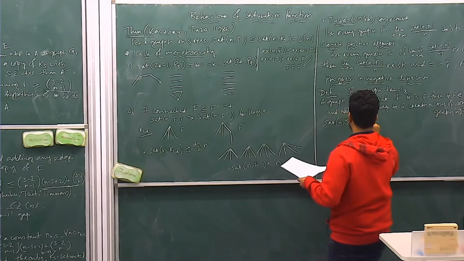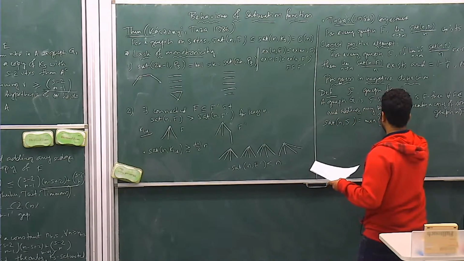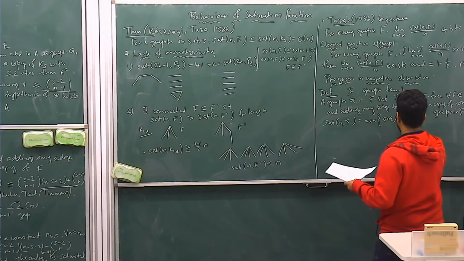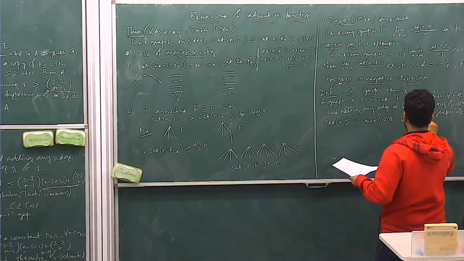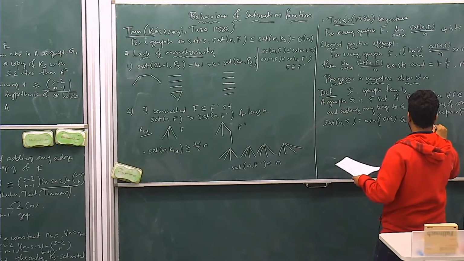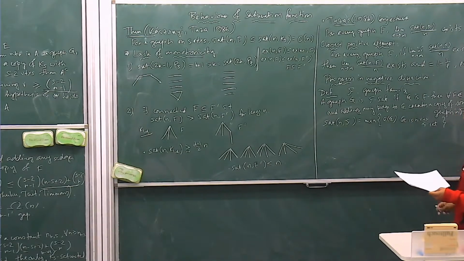This is the minimum number of edges in G such that G is an n-vertex curly F-saturated graph.